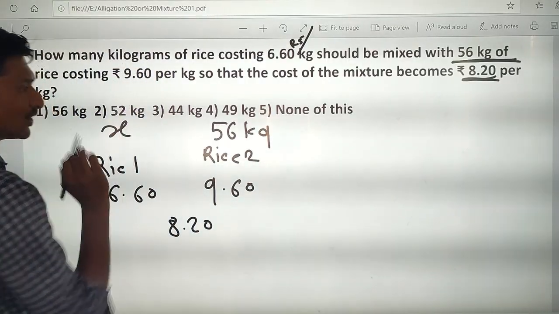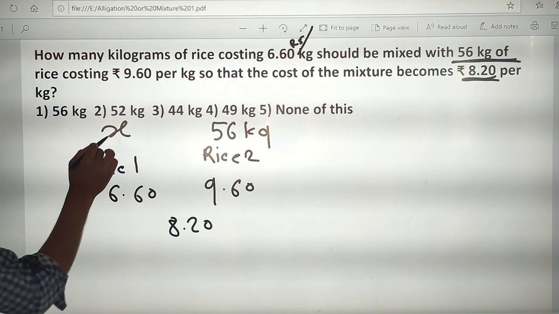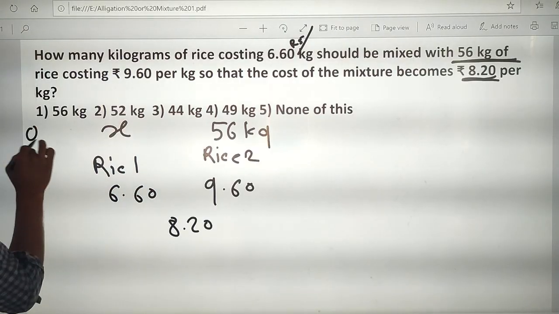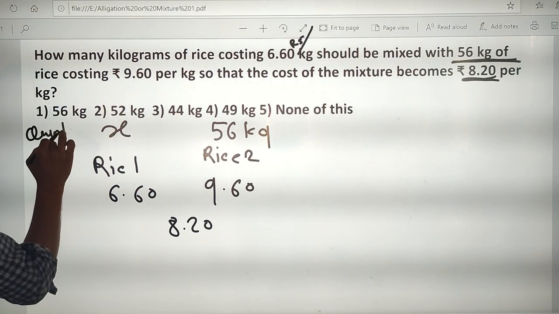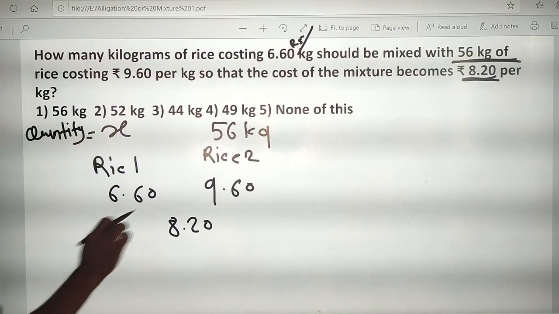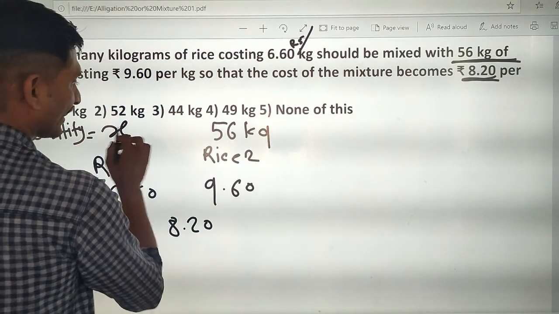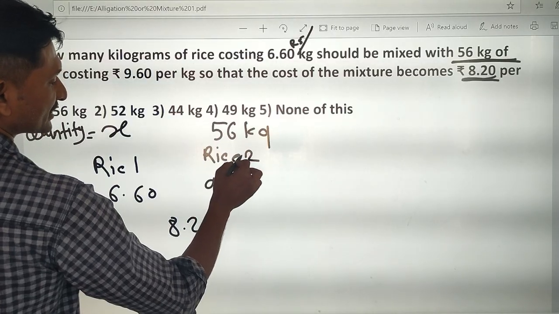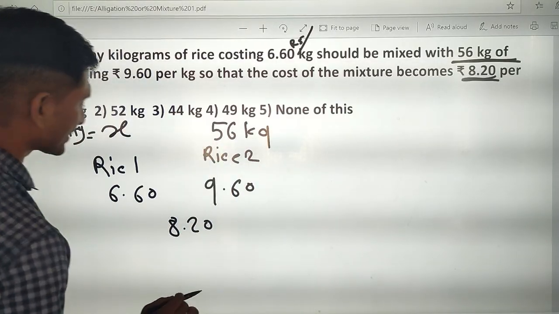Then find the quantity of rice 1. Here the quantity of rice 1 is x, and rice 2 is 56 kg.